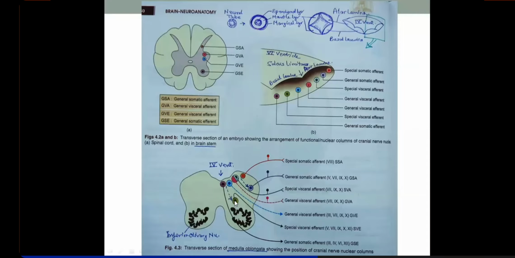So the motor fibers of the trigeminal nerve will emerge from here. Got it? The second branchial arch is the facial nerve, so this functional column will also provide fibers to the motor division of the facial nerve. Third branchial arch, glossopharyngeal. The motor fibers reaching the glossopharyngeal also come through this functional column.